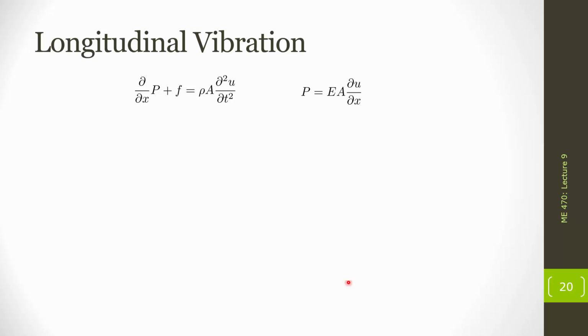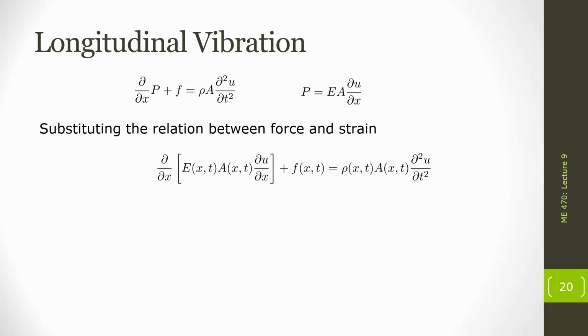For P in my F equals ma equation, I can substitute in that constitutive equation for P. If I do that substitution, I am left with del x of P replaced with E A del u del x, plus my F of x,t equals rho A del squared u del t squared.